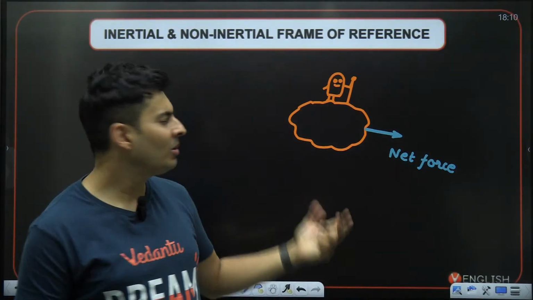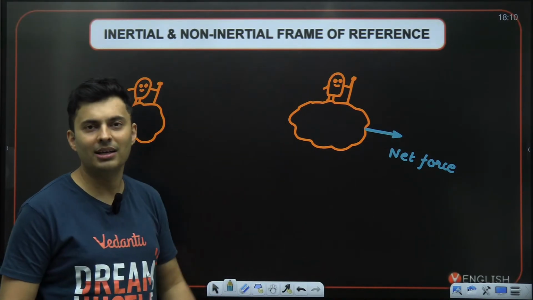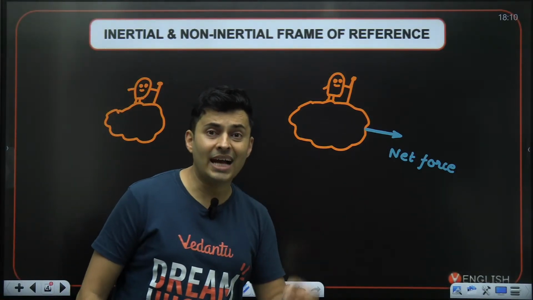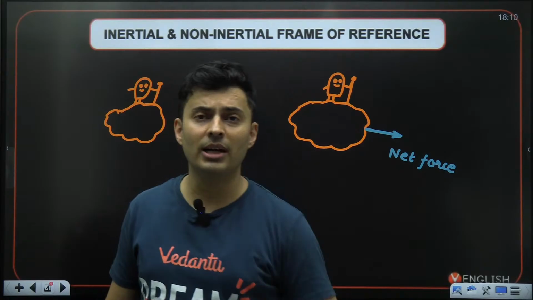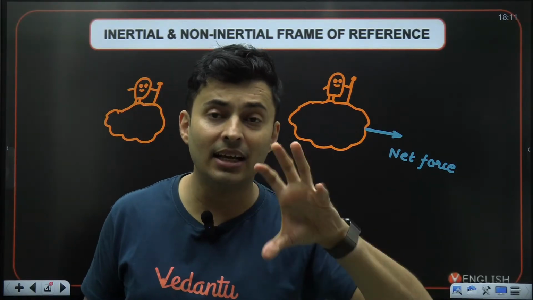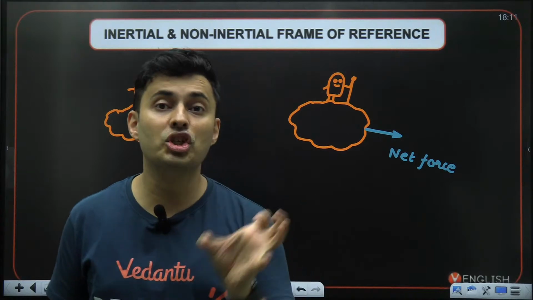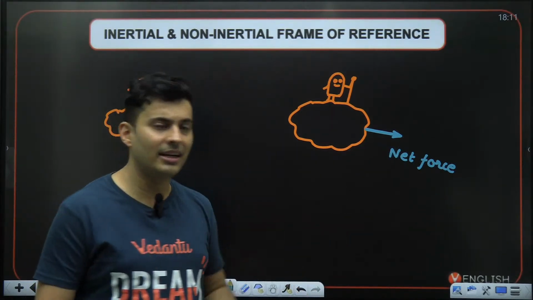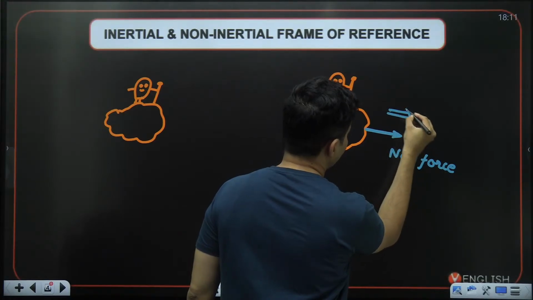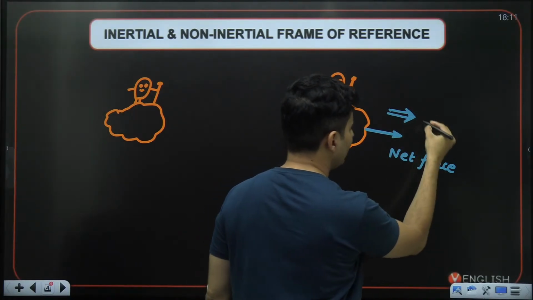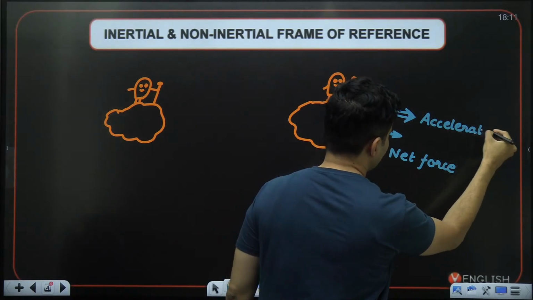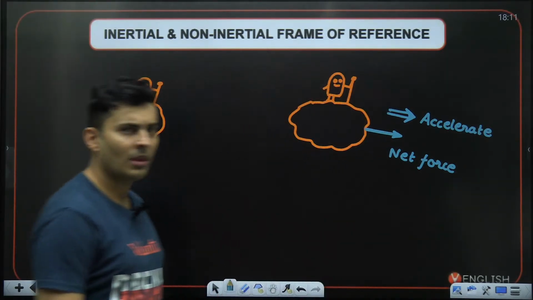I'm taking a hypothetical example just to give an idea. The moment there is a net force, as per Newton's second law, what should happen? The moment there is an unbalanced force, it should change its momentum. It should accelerate in that direction. So 100% it will accelerate. This rock along with the Pandu is going to accelerate in the exact same direction.